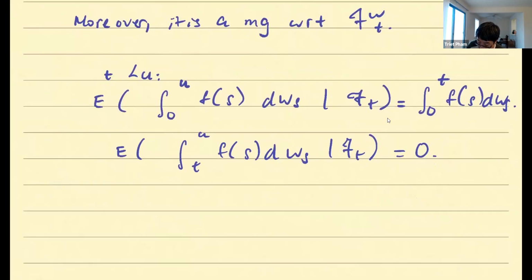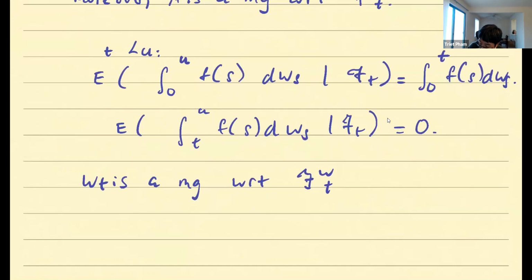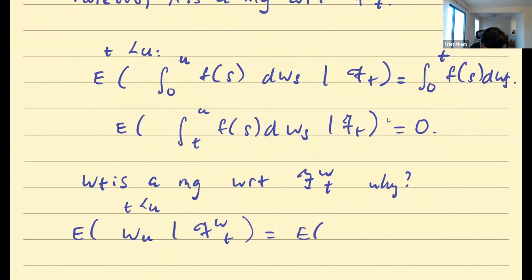So maybe let me say one thing here. W_t itself is a martingale with respect to its own information filtration. This one is very easy to prove. Why? Because for t less than u, the expectation of W_u conditioned on the information at time t: here you can play the game of decomposing W_u into the present and the future increment.